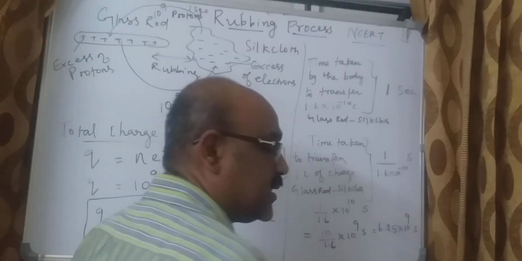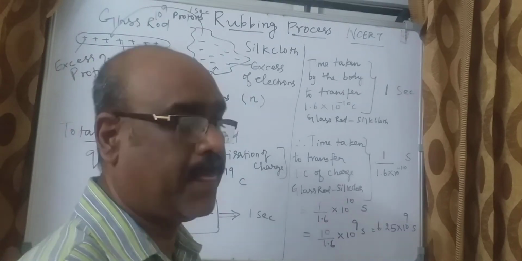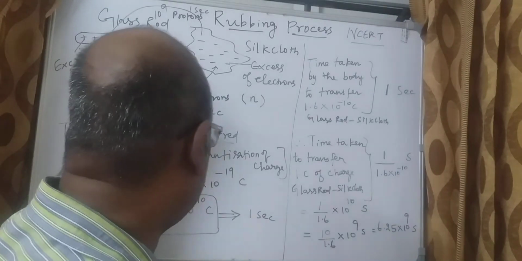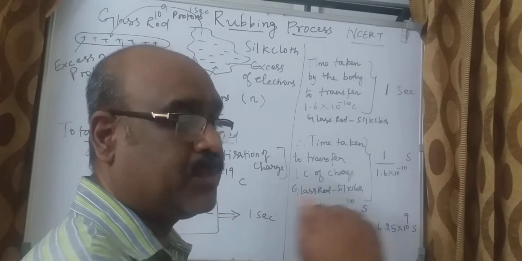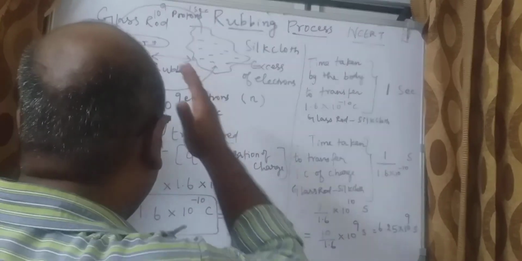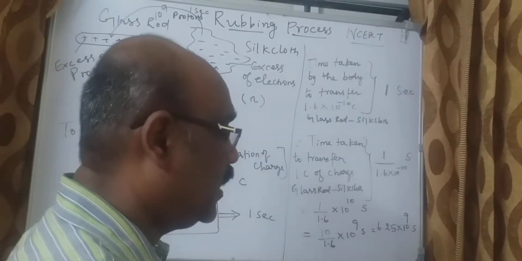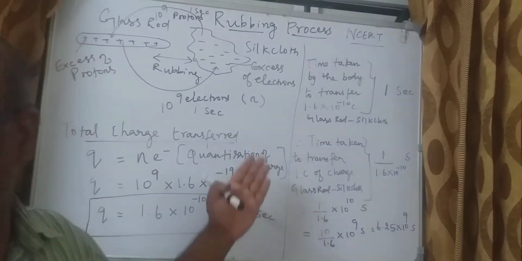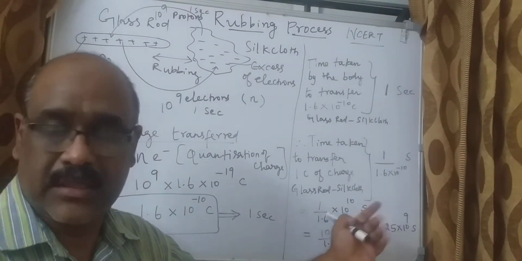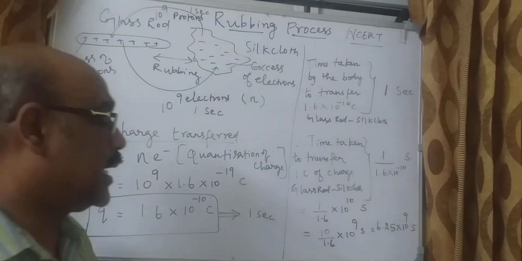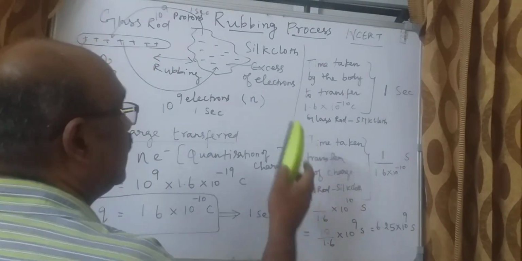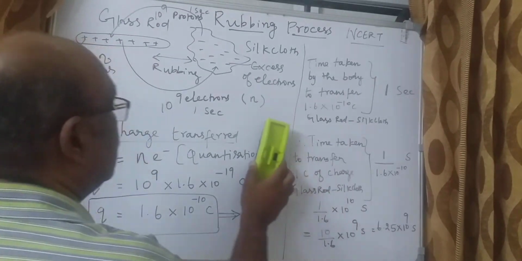If this is the seconds, then how many years are needed for the glass rod to transfer this much charge from the glass rod to the silk cloth? Let us now calculate the number of years taken for the glass rod to transfer this 1 coulomb of charge.